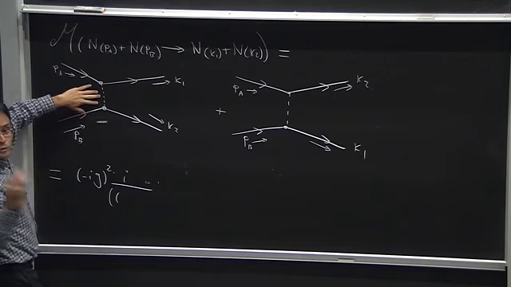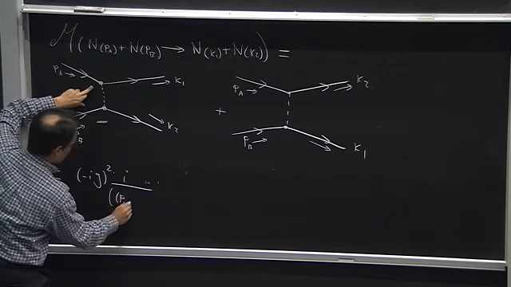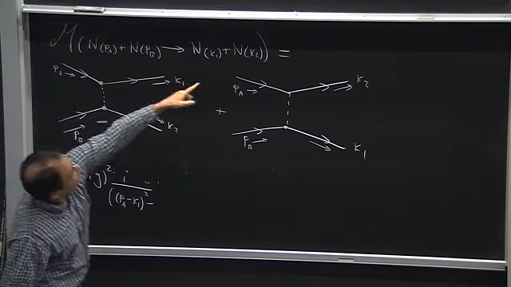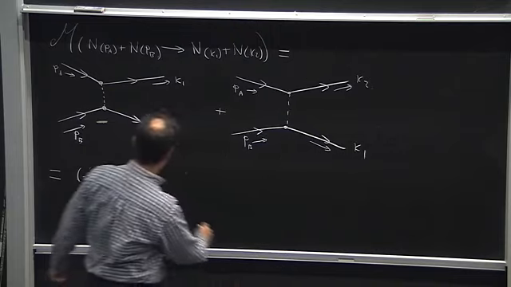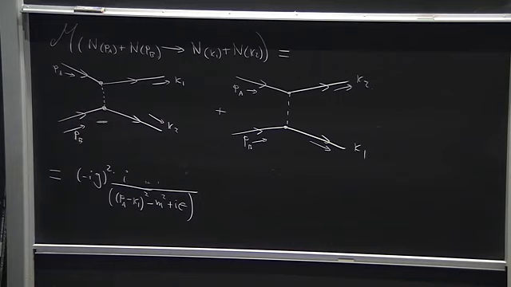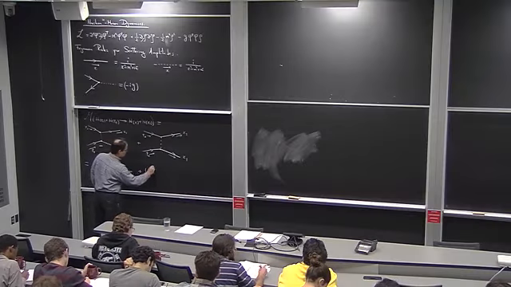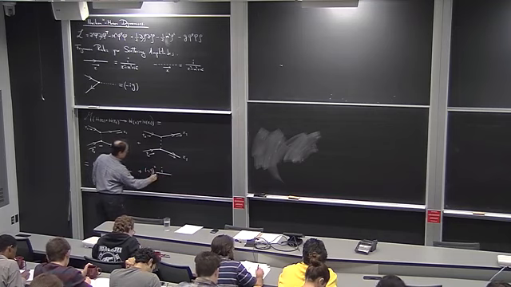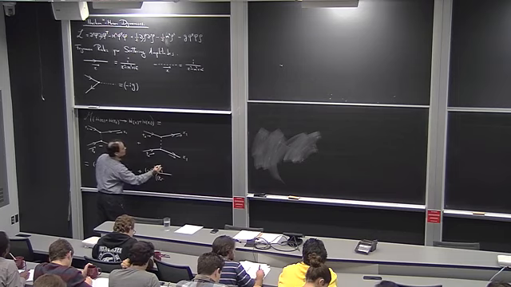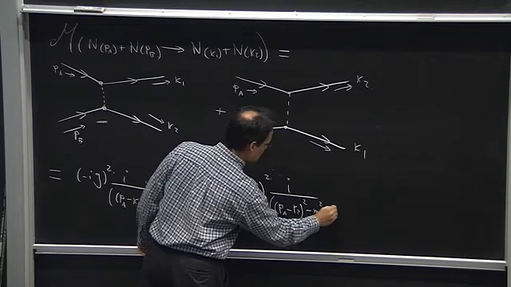Well, I'm sure I'm going to get it wrong, so you better start thinking. So this is going to be PA, I think, minus K1, squared, minus m squared, right? Plus minus iG squared, i over PA minus K2 squared minus m squared plus i epsilon.